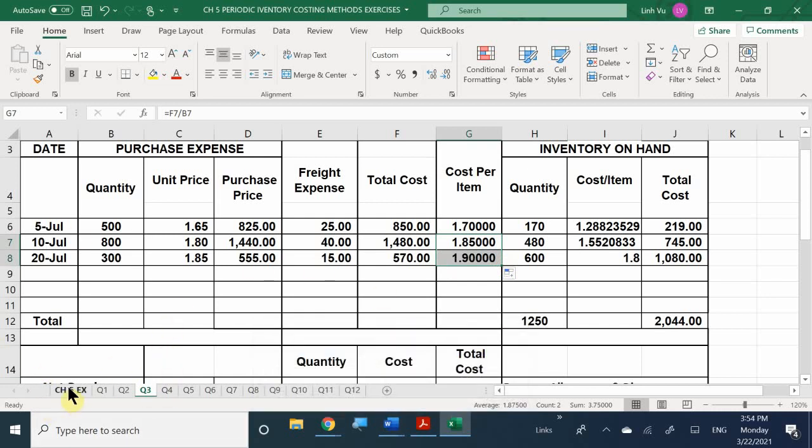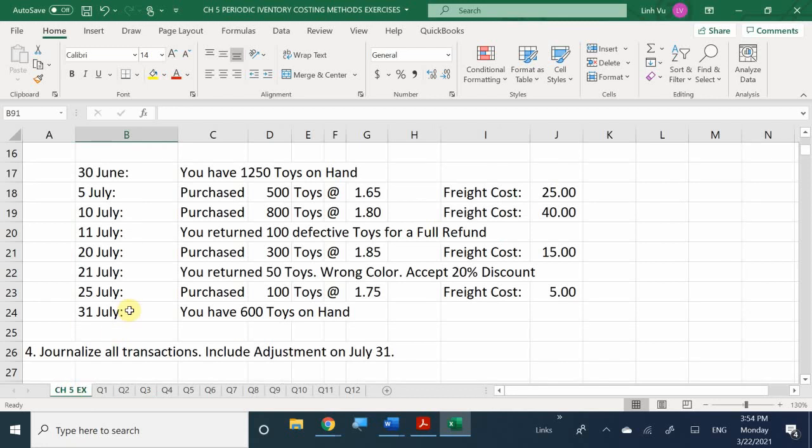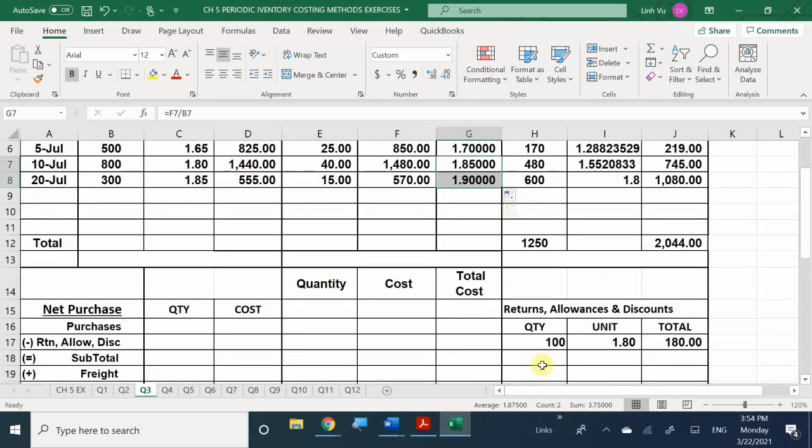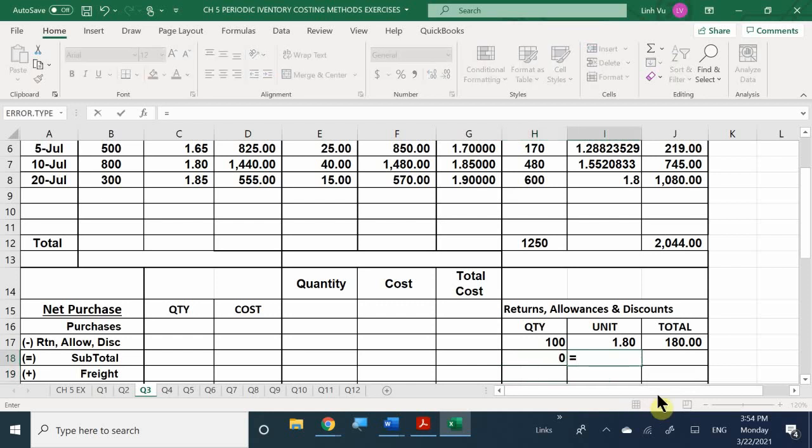I like it. Okay. So what happened on the 21st of July? You returned 50 toys that were the wrong color and accepted a 20% discount. So I am returning 50, but somehow the vendor convinced me to keep them and give me a 20% discount. So how do I solve for this? 50 times $1.85, and then take it times the 20% discount.